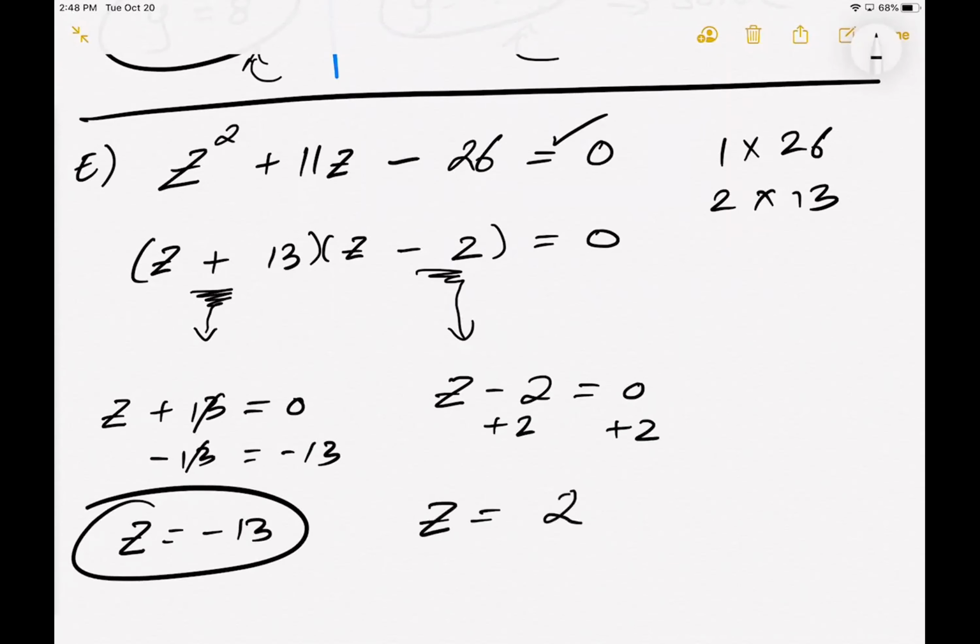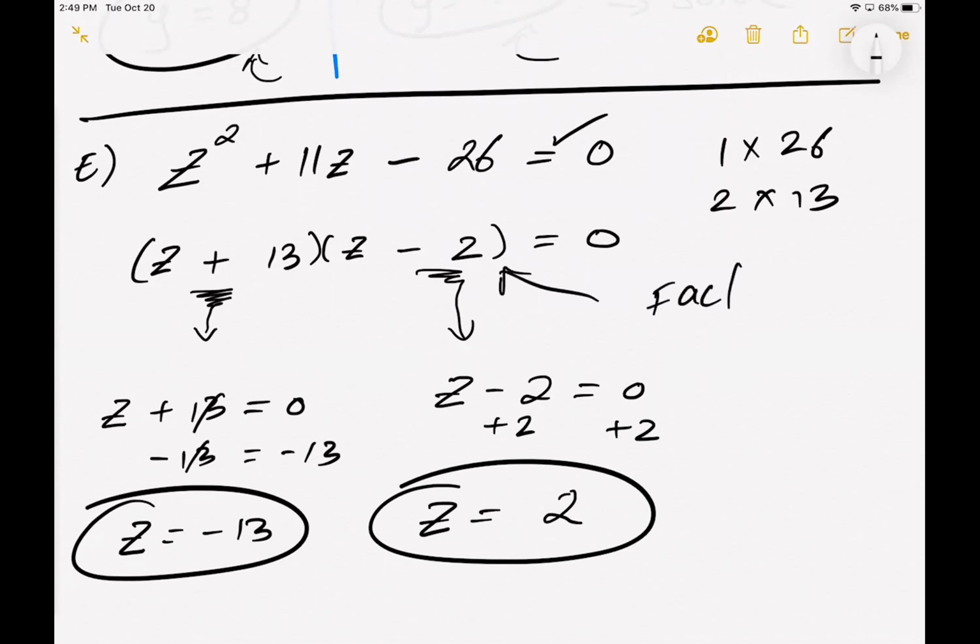So those are the two answers. The answer is basically the opposite of your factoring item. Make sure you don't jump the gun and say the answer is 13 comma negative 2. That is your factor, not your answer. The answer is what makes it equal to 0.